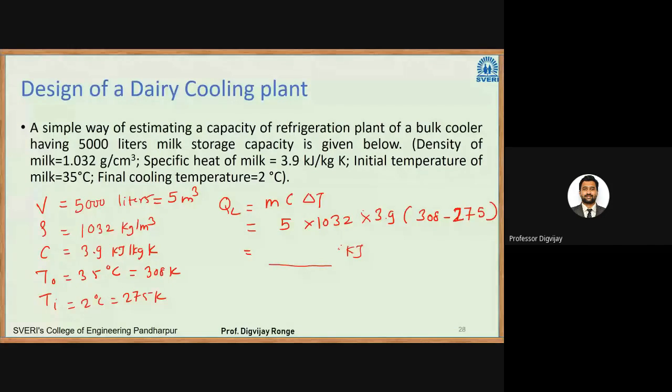So tell me the answers for this. Okay, Rohit, I think that value is very large. Is it correct? Pranil, what is the answer?